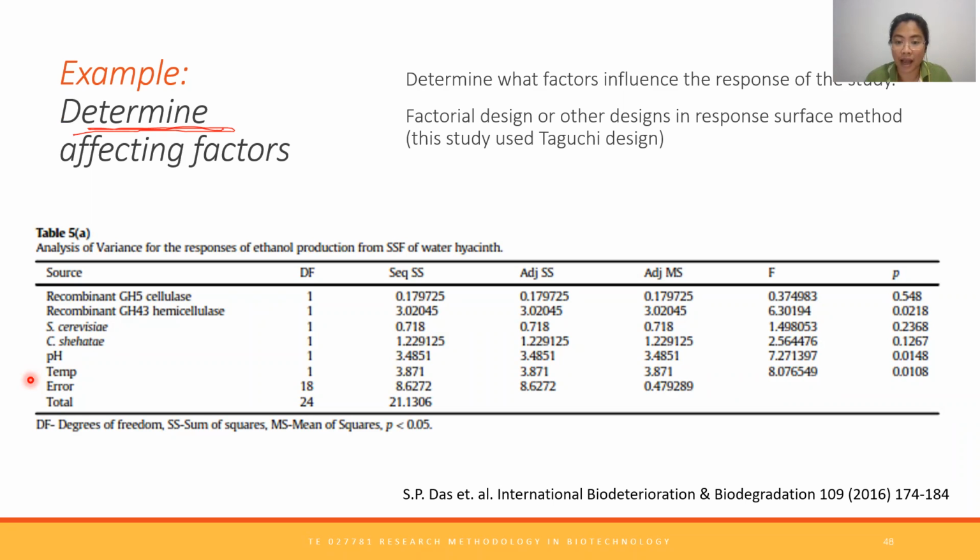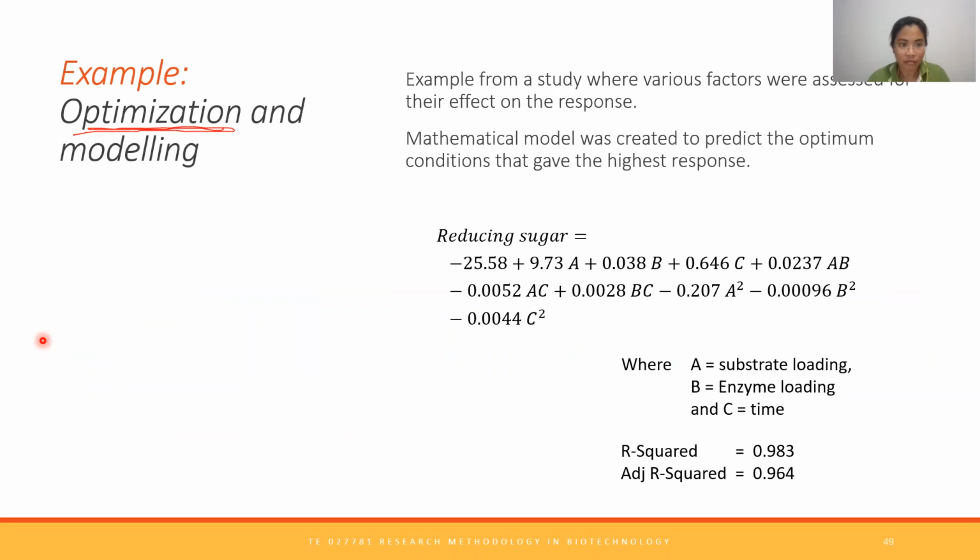But by doing this alone in this table, it doesn't say at what level, at what values of pH, temperature, the cellulase, hemicellulase, and the use of Saccharomyces and Candida actually give you the maximum or the best ethanol production.